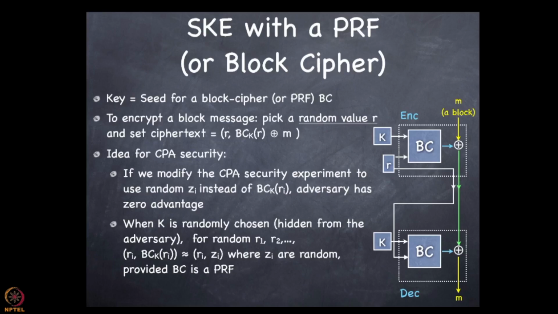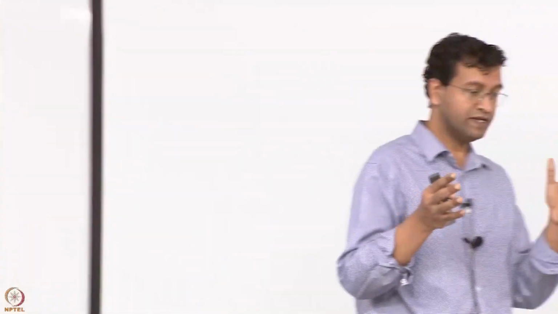So put together, what this means is that the adversary only has a negligible advantage. The negligible comes from the PRF being only almost the same as a random function. It looks almost the same as a random function, so that's a negligible difference. Any questions on this so far?